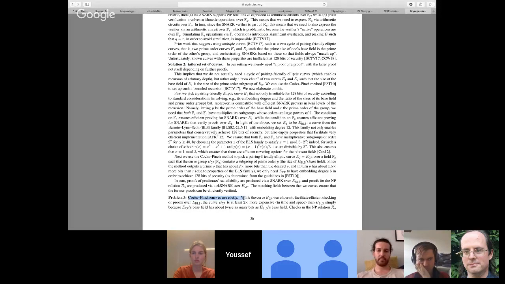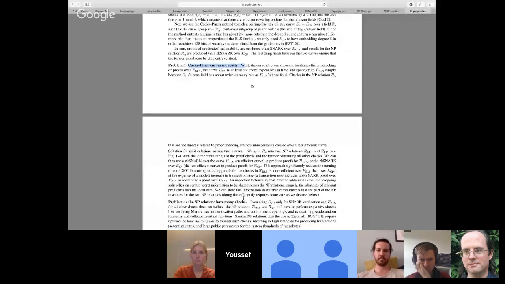But the Cocks-Pinch method is costly because the size of the elliptic curve grows by a factor of 2. So if you need an elliptic curve to have a security level of 128, you need a field size of 256. But then the curve that you will generate will be times 2, and the other one times 2.